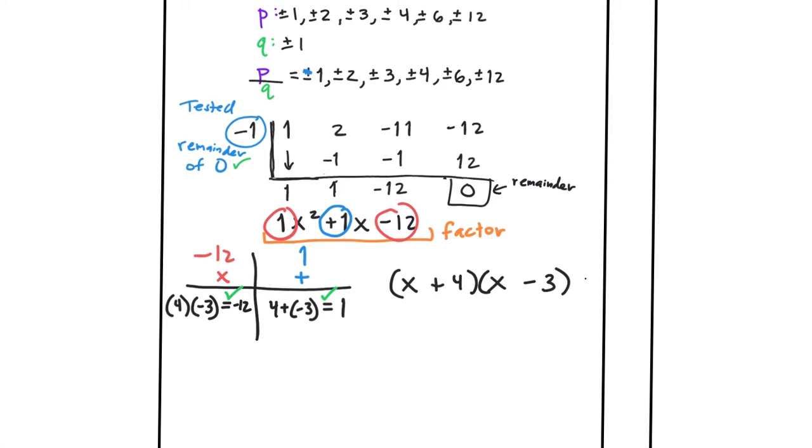We would take this one and put x plus 4 equals 0, solve for x. Then we could bring this one down, x minus 3 equals 0, solve for x.